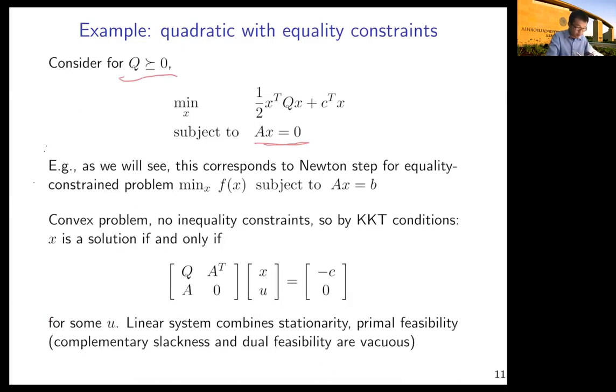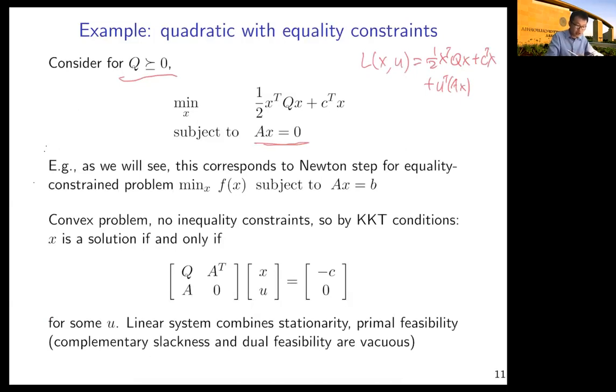Okay, we first write down the Lagrangian very mechanically by adding an additional Lagrange multiplier u. So this is half x transpose Q x plus c transpose x, and then plus u transpose (A x minus b), right?